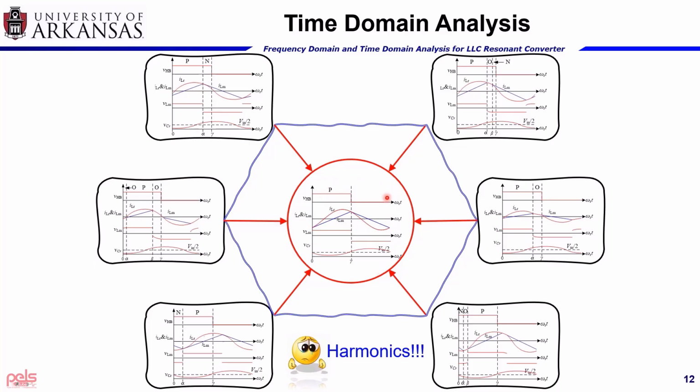In real applications, if we look at the waveforms, we can see the resonant inductor current and the transformer voltage both have significant harmonics. So it will cause a lot of errors if we only consider the fundamental harmonic.